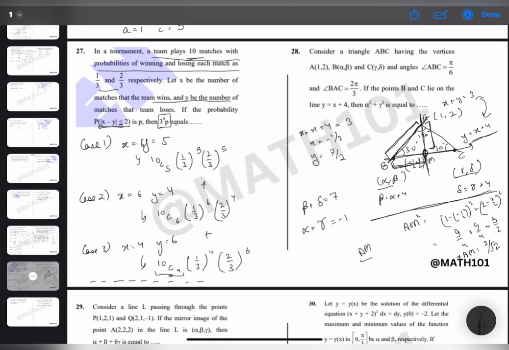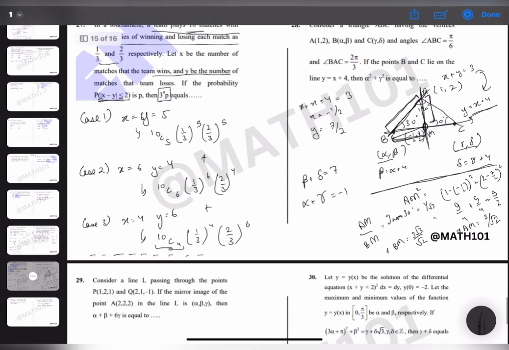AM upon BM is equals to tan 30 degree, equals to 1 by root 3, which implies BM is equals to 3 root 3 by root 2.